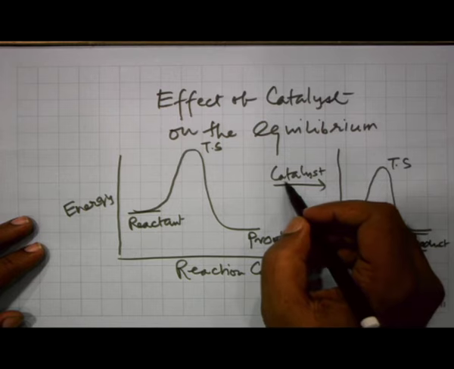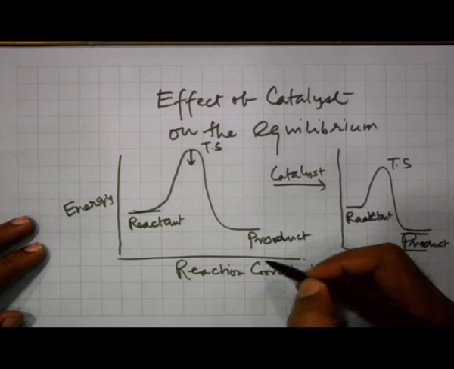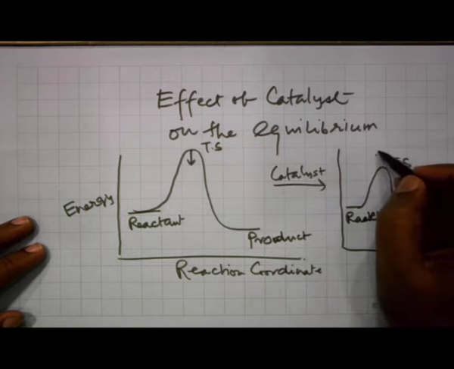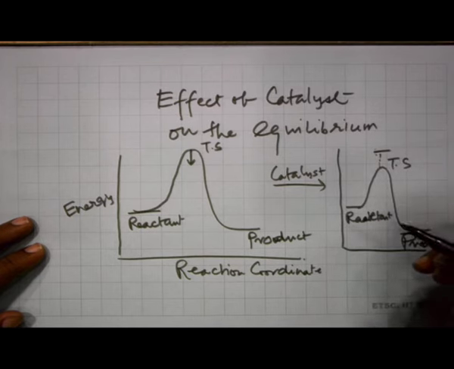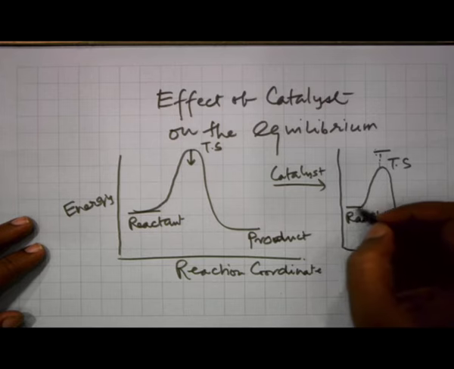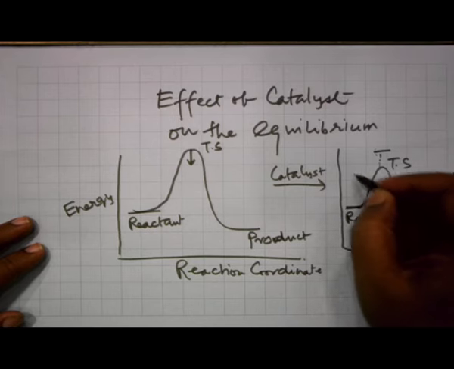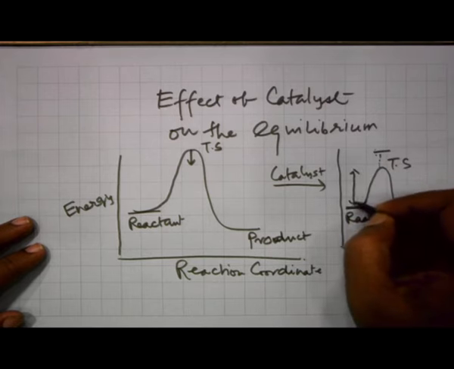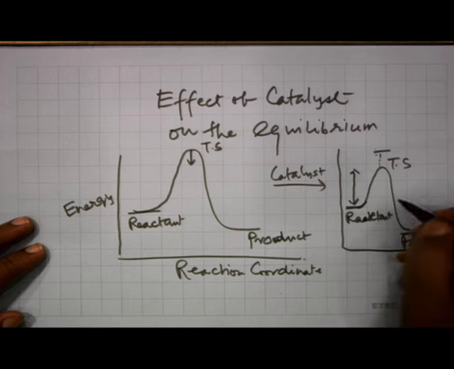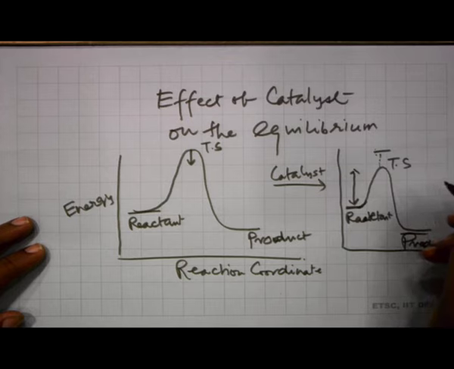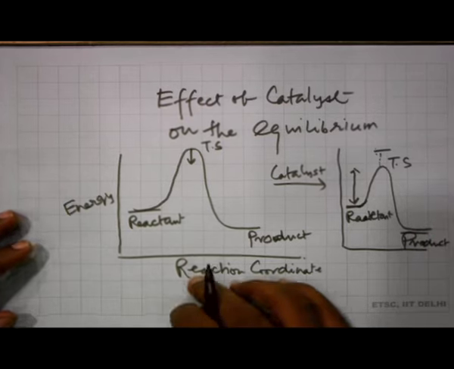So, catalyst basically stabilizes the transition state. It went down from this point to this point. So, the activation energy decreased, and the reaction will be faster. But does it affect equilibrium? Okay. Question is, does it affect equilibrium?